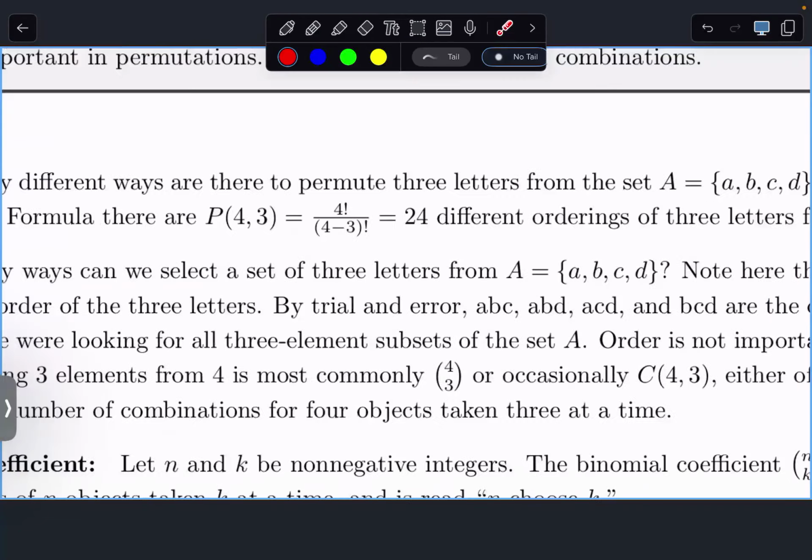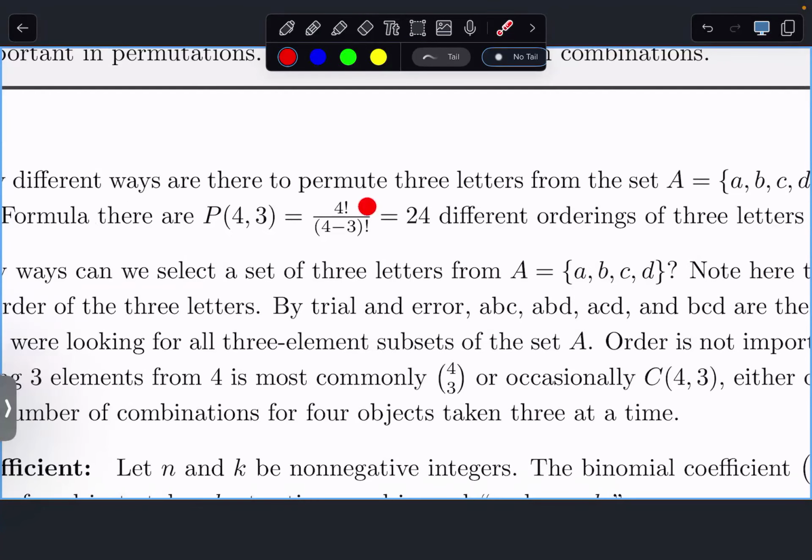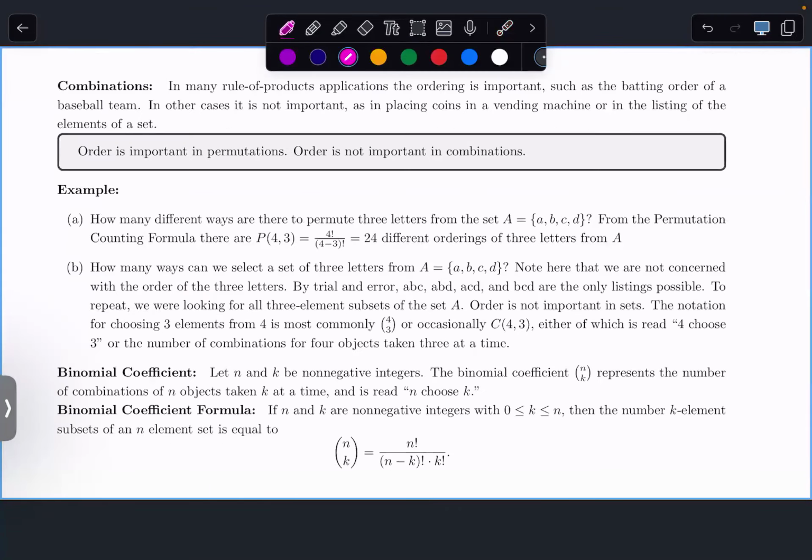And we also saw in the previous section that we could write that as 4 factorial over (4 minus 3) factorial, because recall, P(n,k) is n factorial over (n minus k) factorial. So P(4,3) is 4 factorial over (4 minus 3) factorial, which you can expand to make 24.